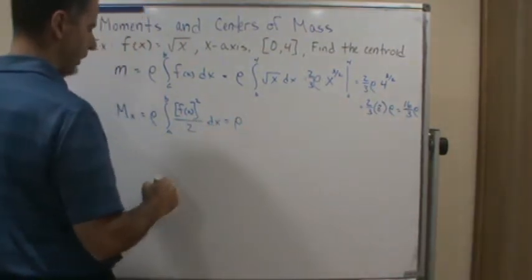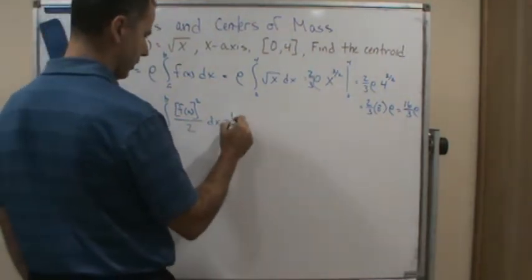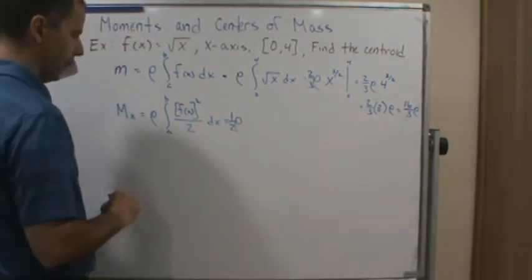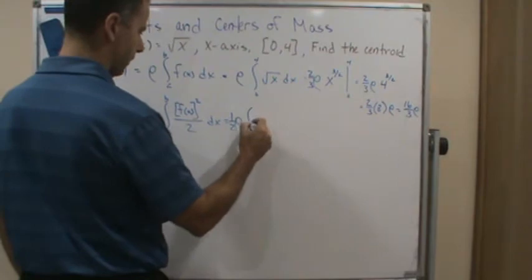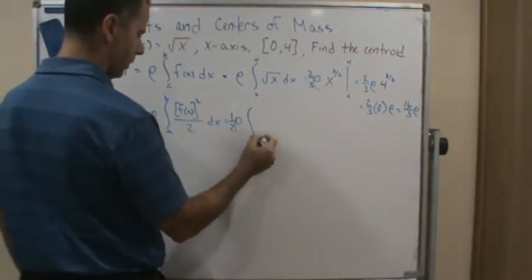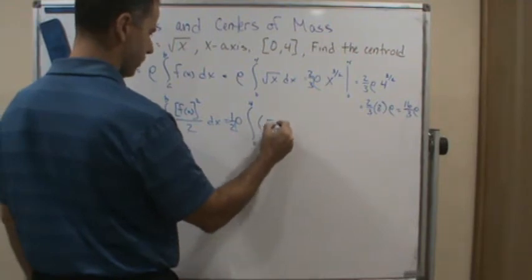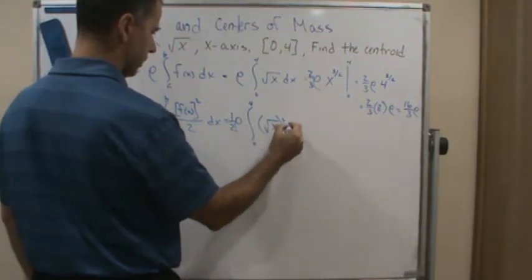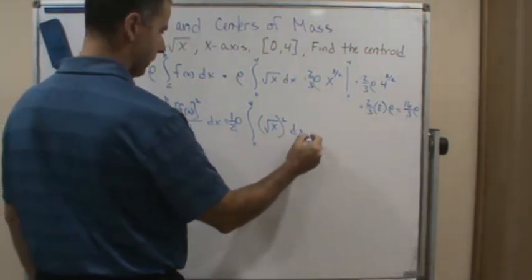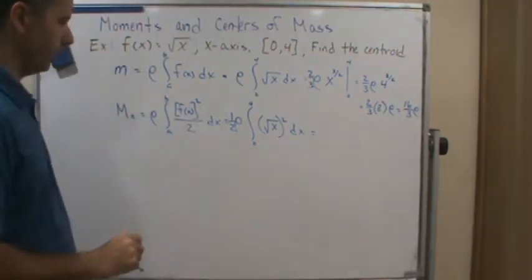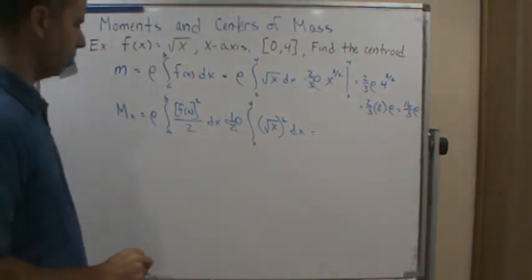Now I'm going to pull the 1/2 out. So that's going to be 1/2 rho times the integral from 0 to 4 of the square root of x, quantity squared, dx.